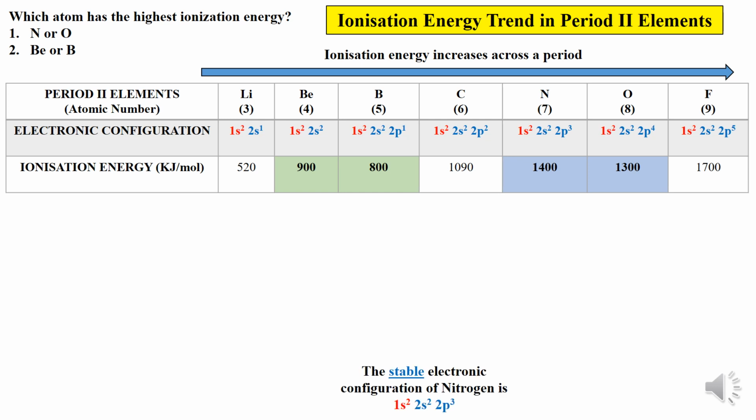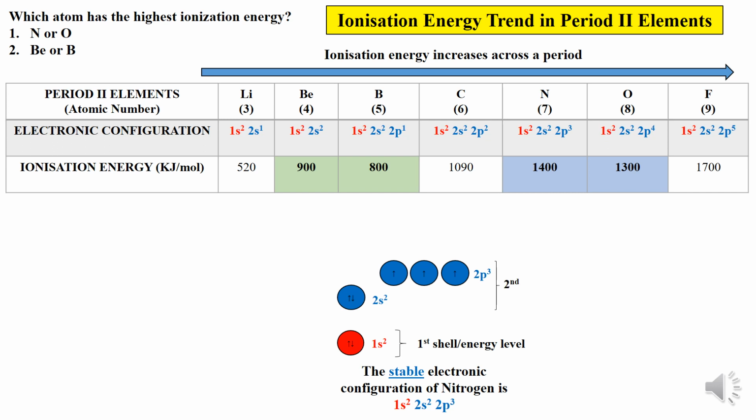Now in case of nitrogen, the electronic configuration is 1s2, 2s2, 2p3. This electronic configuration is highly stable because the orbitals are half filled. As I have already mentioned, half filled orbitals are always stable.